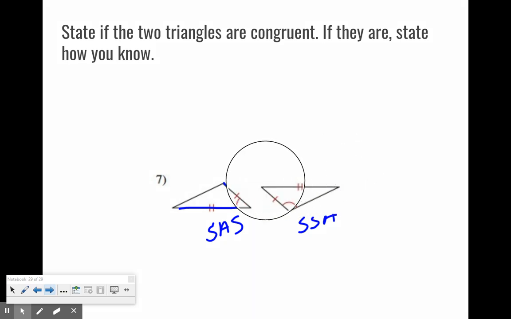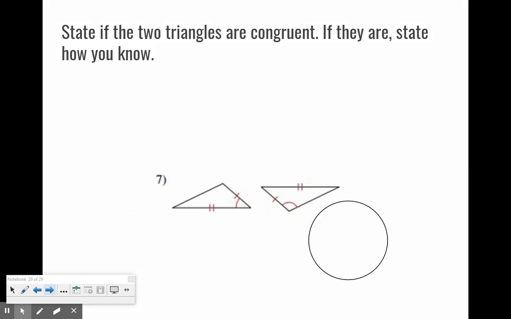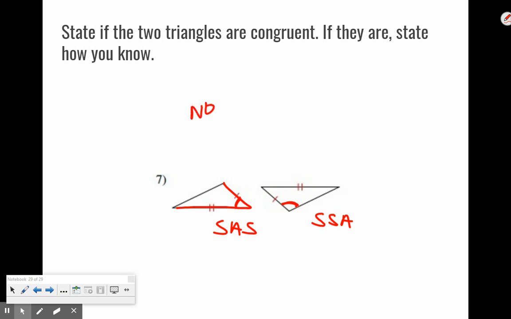I'll erase everything and rewrite it so you can see it better. This one was side, angle, side. This one was side, side, angle. Notice this angle was not in between the two congruent sides like this one was. So this one is no, cannot be determined.